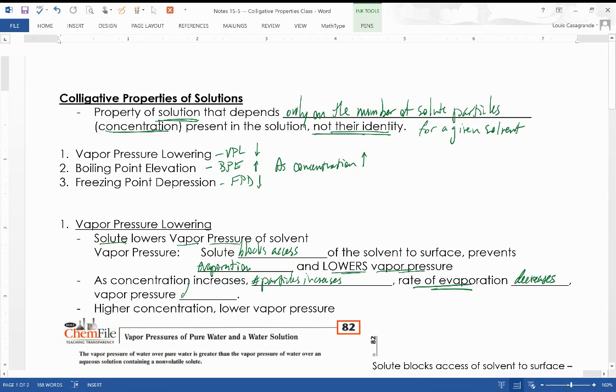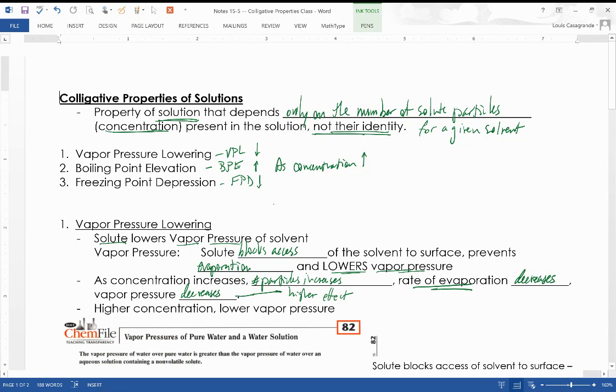So the vapor pressure also decreases. And think about that in terms of the effect. A higher effect is a lower vapor pressure.